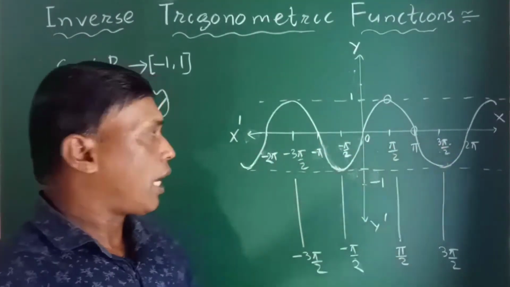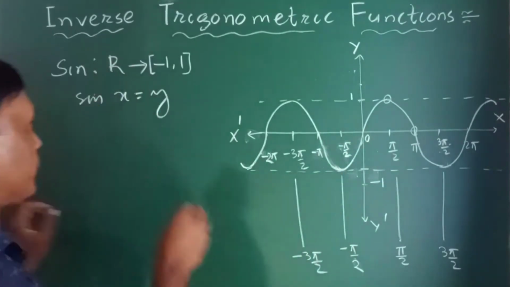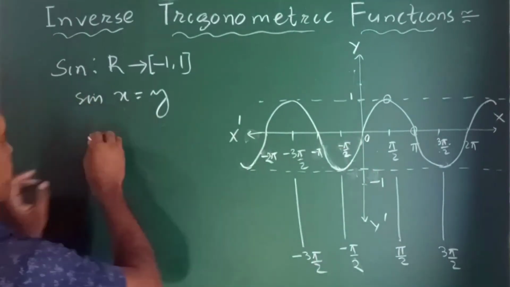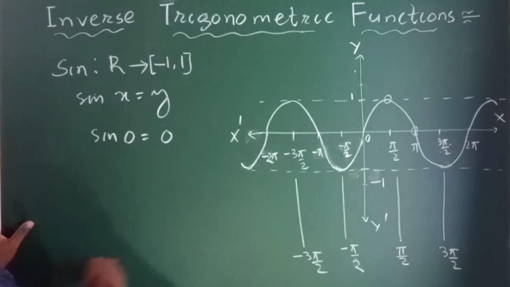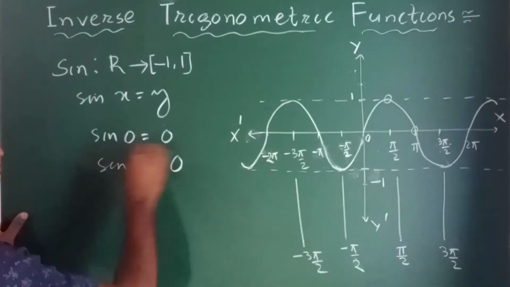I am taking two examples, one is 0, another is pi. If x is 0, sin 0 is 0. If we take x equal to pi, sin pi is also 0.